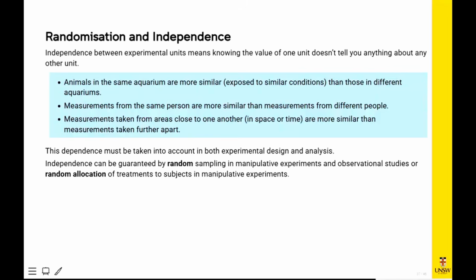You wouldn't want to get multiple pairs of math students from the same school because they're going to be much more related to each other than they are to another pair. So you really need to make sure that the pairs are coming from different schools, unless you're able to adjust for the school as well.